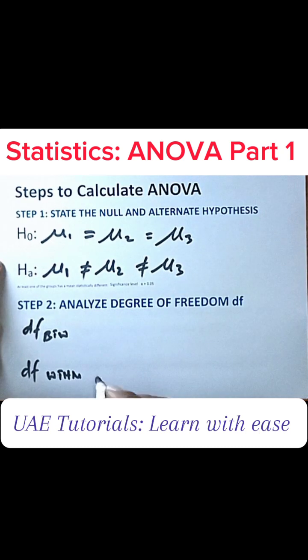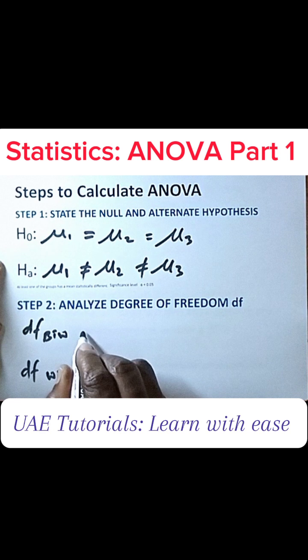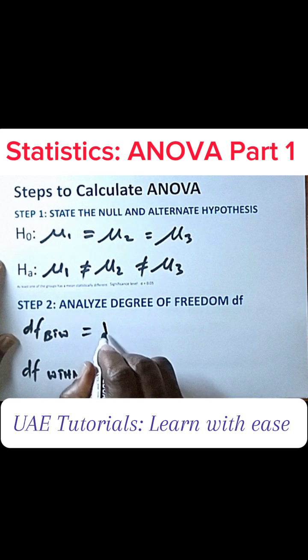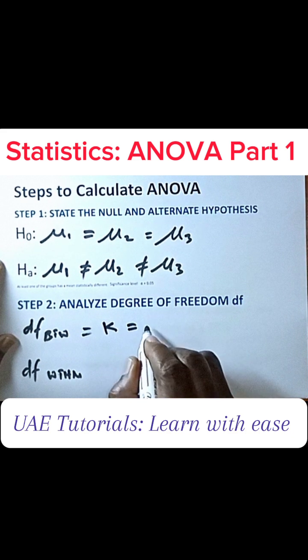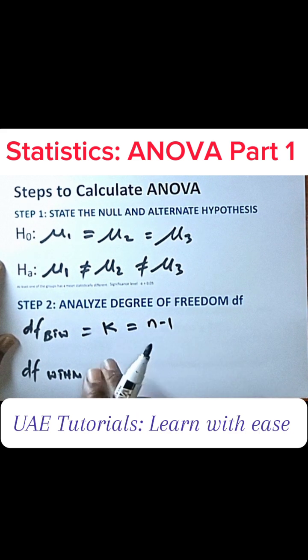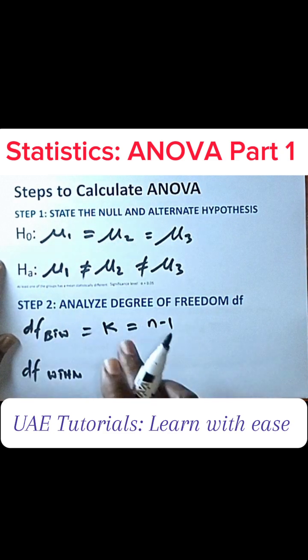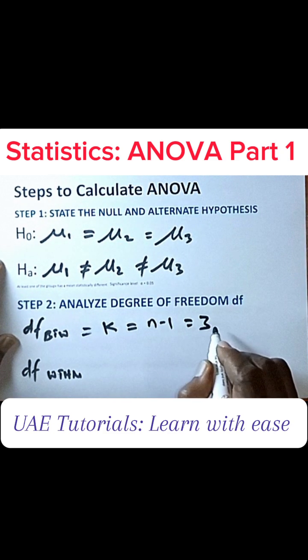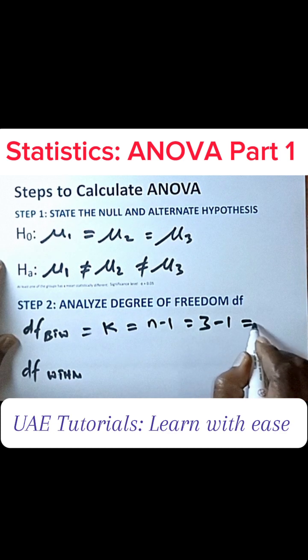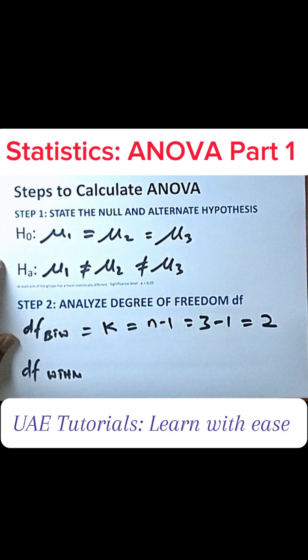So for the degree of freedom between, it is called K, and it's usually n minus 1. N here stands for the number of groups. And our groups, we have 3, so 3 minus 1, that will give us 2. So the degree of freedom between is 2.